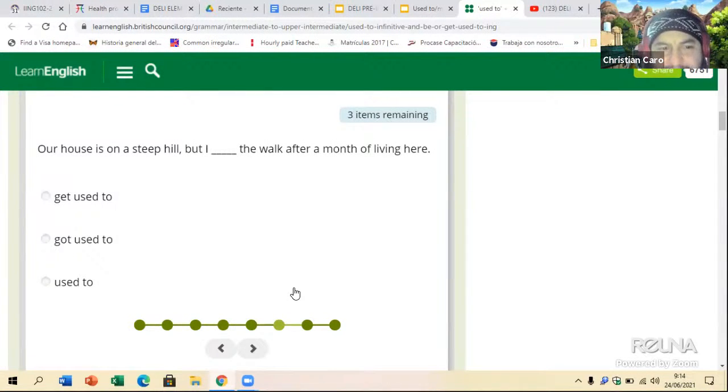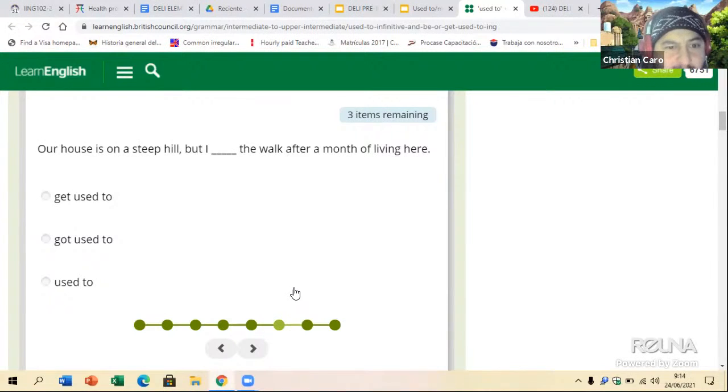Our house is on a steep hill. Yeah, it means that it's kind of empinado, like in Valparaiso. I used to live in Valparaiso, for you to know, so I know what this thing is dealing with. But I get used to the walk.